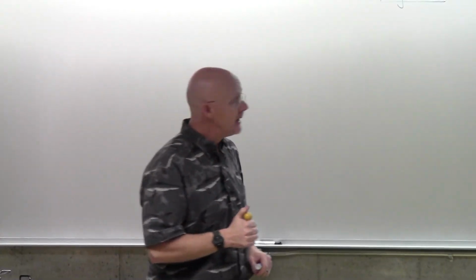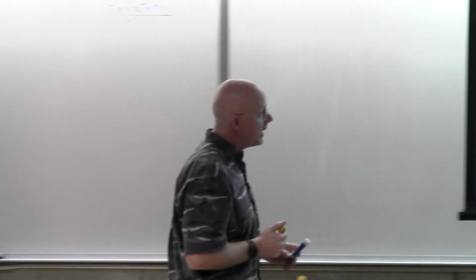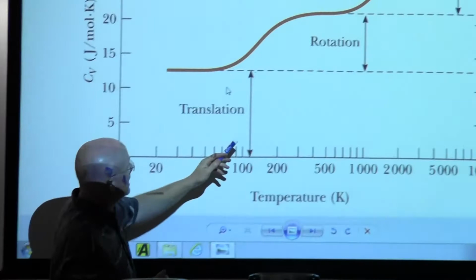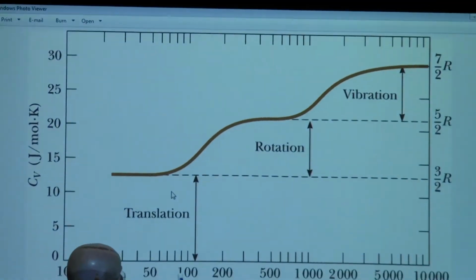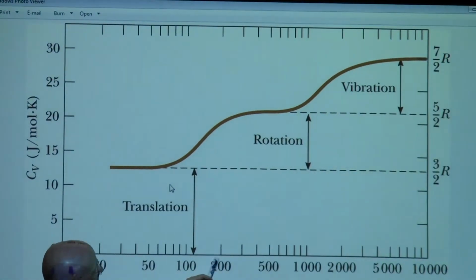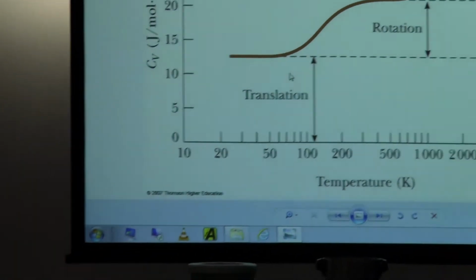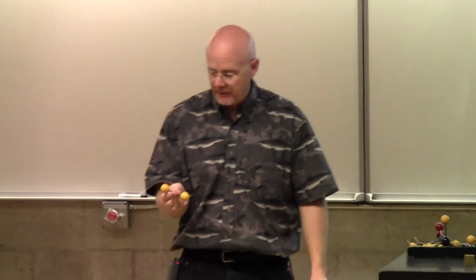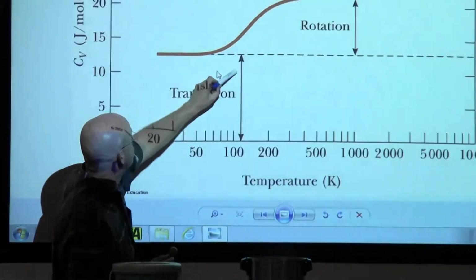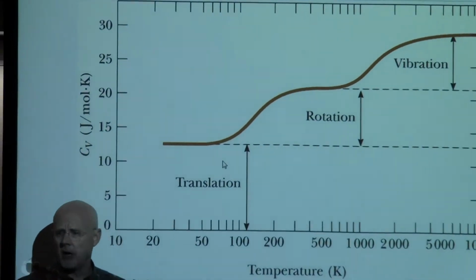Well, here's what I'm getting at: when an object begins to get enough energy to rotate, that happens at about 100 degrees. And so when you look at the specific heat of a diatomic, less than 100 Kelvin, really this molecule never does begin to rotate.